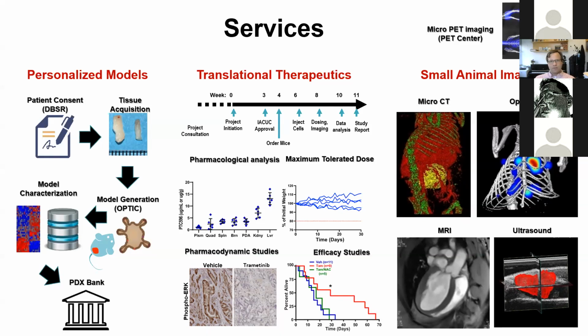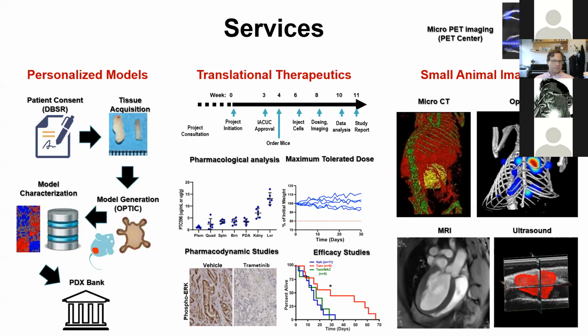And so what we envision is basically having almost an a la carte menu where a user can come to us and say, I'd like to treat a model of this disease using this drug at this dose at this schedule, get these samples, look at this imaging, and then at the end, we provide back a publication quality data set that they can go ahead and use even if they've never touched a mouse in their entire lives.